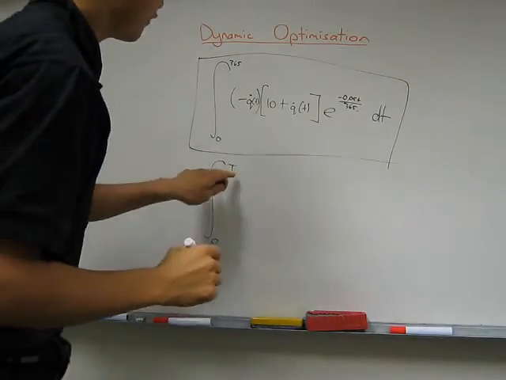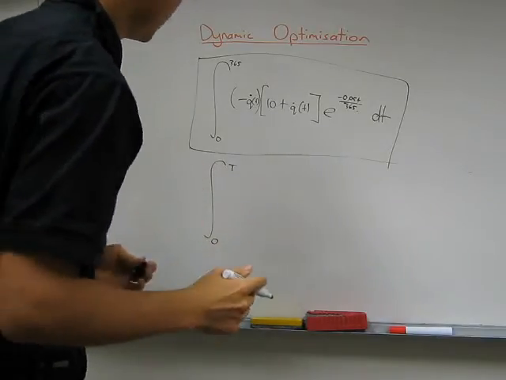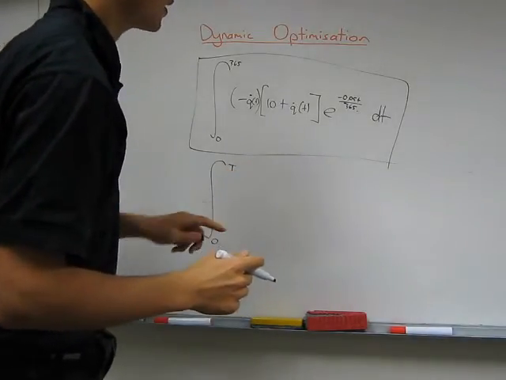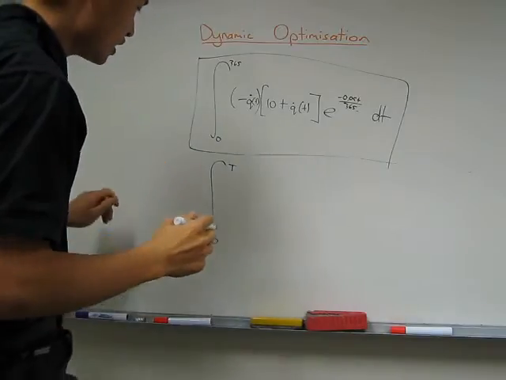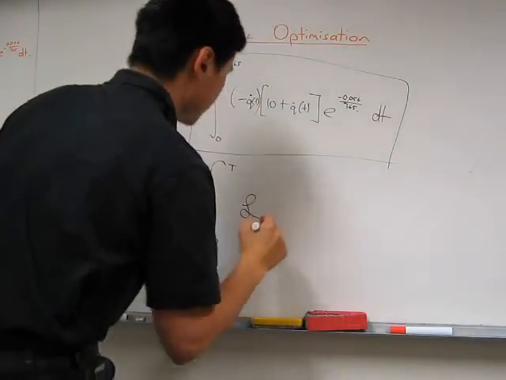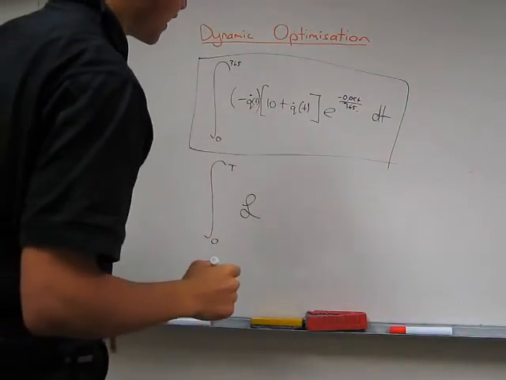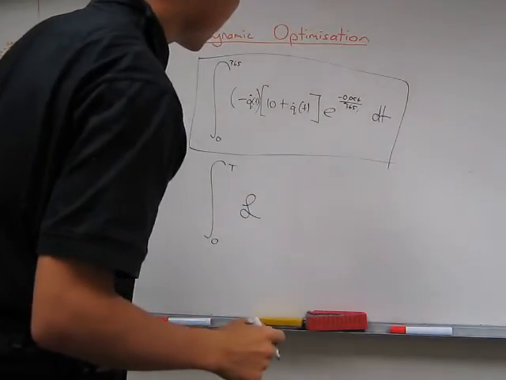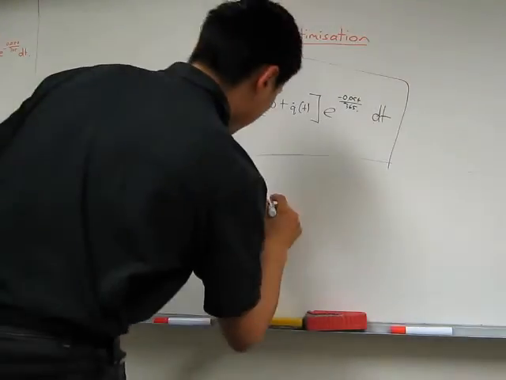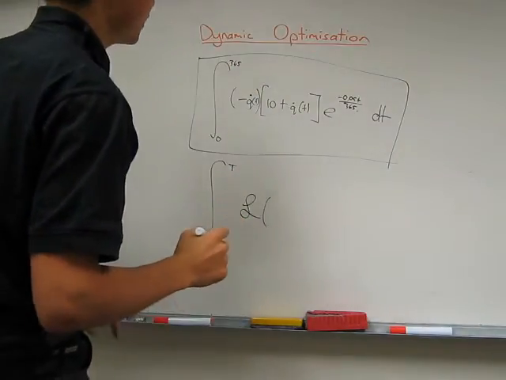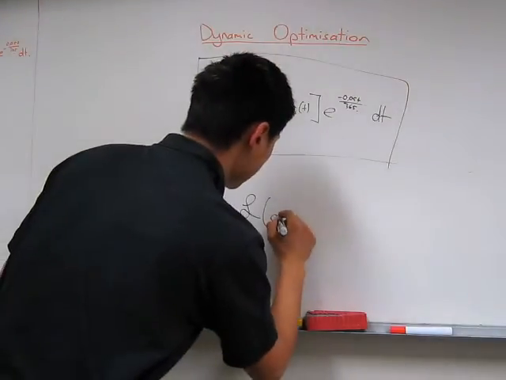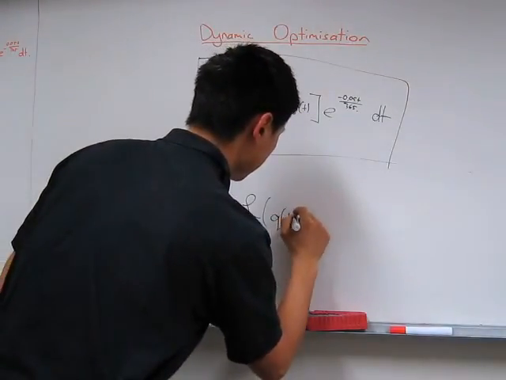So we have some defined time period from 0 to capital T. And we have this thing inside. Let's call it curly L. It's got a special name. It's called the Lagrangian. And this function inside can depend on a number of different things.